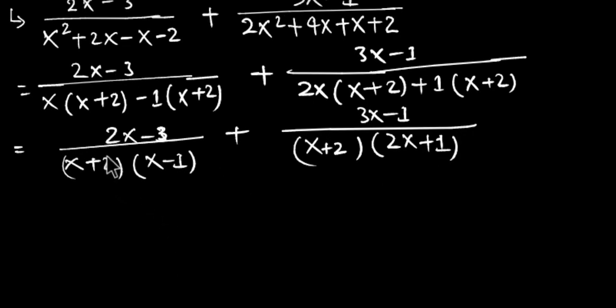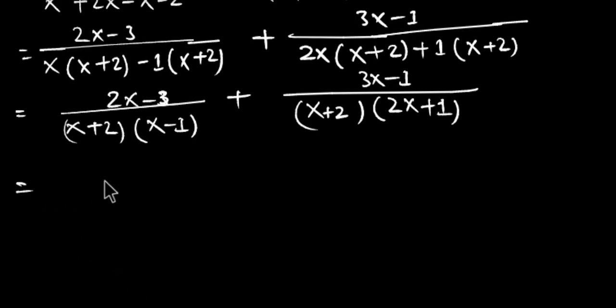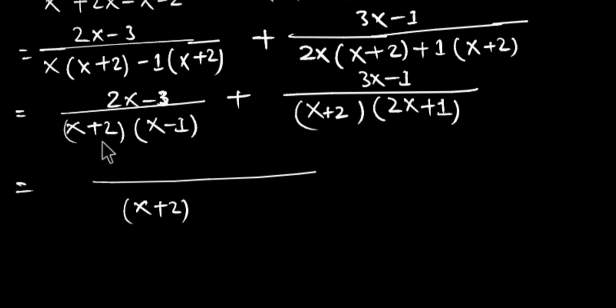Now we have to find the sum of these two fractions. So we take the LCM of the denominators of these two fractions. The LCM will be x plus 2, the common factor of both denominators, taken once, into (x minus 1) from this denominator and (2x plus 1) from this denominator.